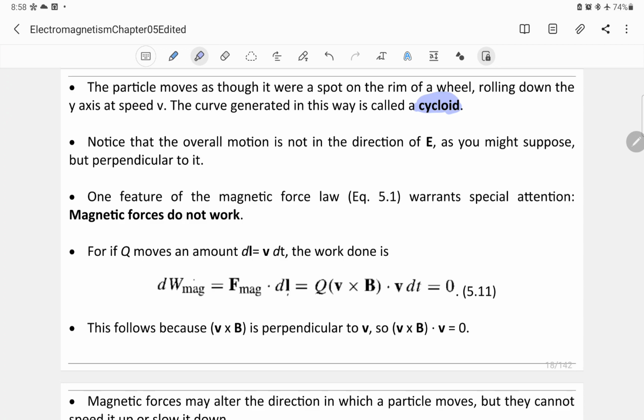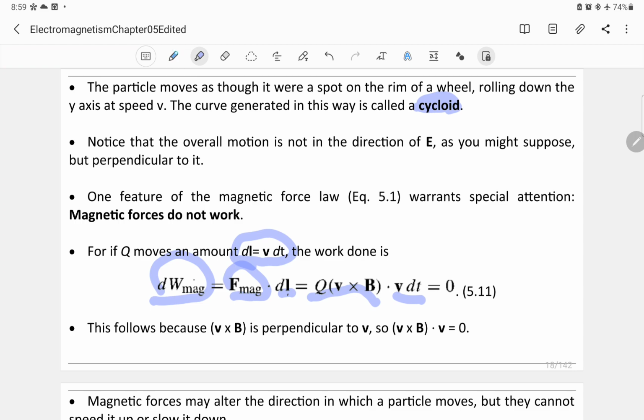So if Q moves by an amount dl, which is v dt, suppose this is the work done by the magnetic force, so your F mag would be dotted with dl. Your F mag is this one and your dl is this one, but this v cross B is perpendicular to v.